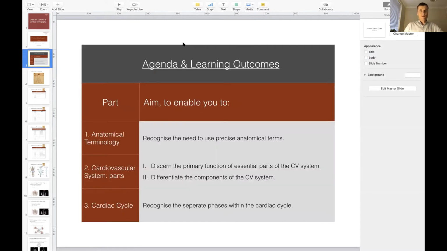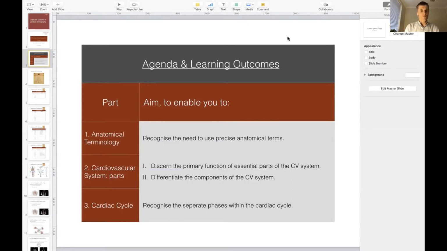The aim of this tutorial on the cardiovascular system is that there are four aims really. Firstly, with regards to anatomical terminology, which we'll be talking about, is to help you to recognize the need to use precise anatomical terms. So this first part is related to the very first lecture you had in the principles of cardiac sonography.